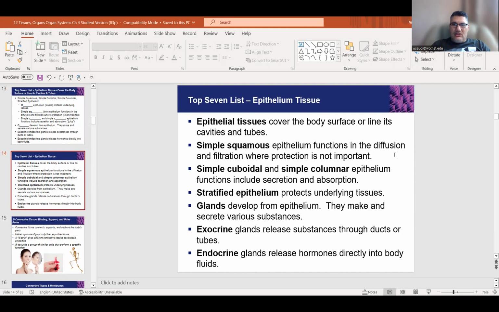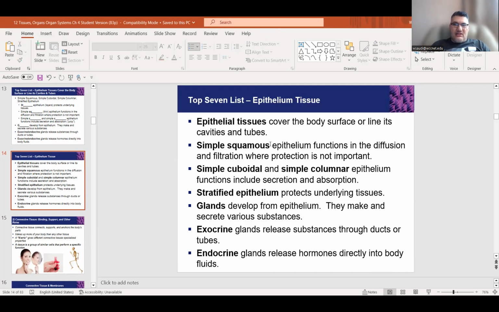If it is one layer, and for diffusion and filtration, it's simple squamous. What's the epithelial tissue, generally speaking? Covering, lining, glands. Memorize it. Covering, lining, glands. This is covering the body, like your skin, lining any cavity, any tubes, or glands, generally speaking.